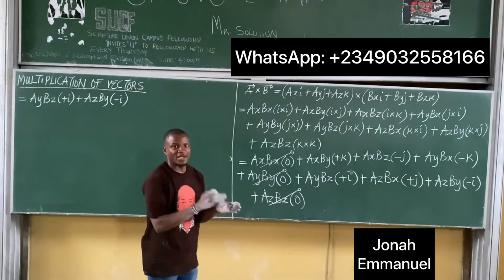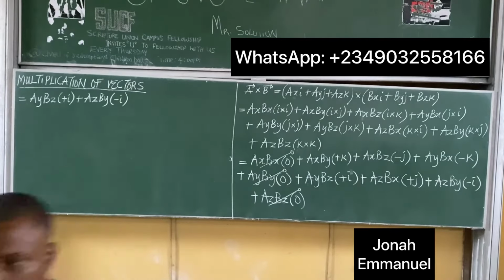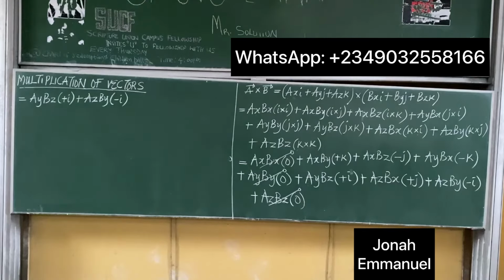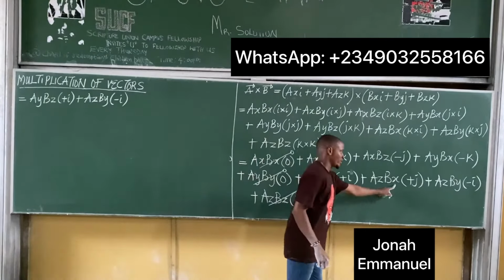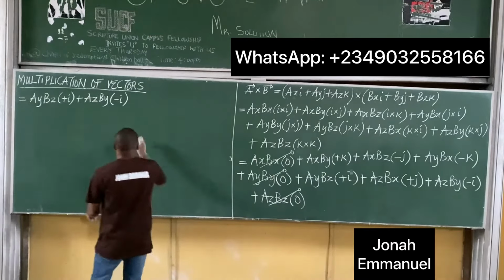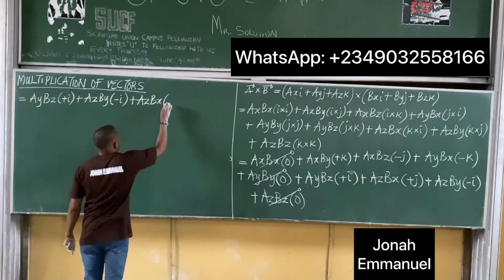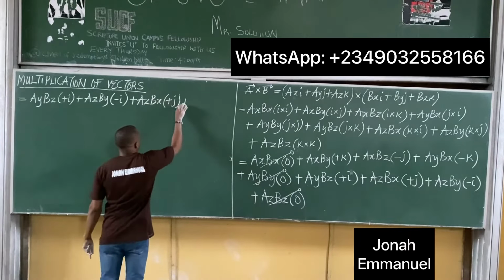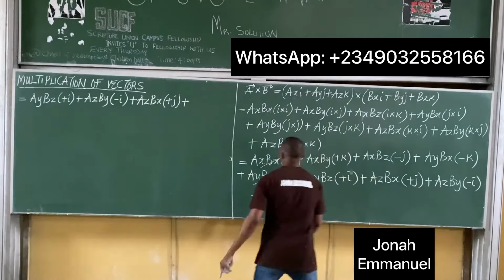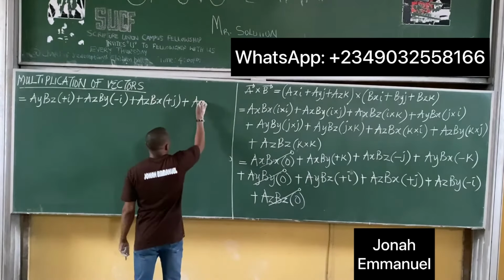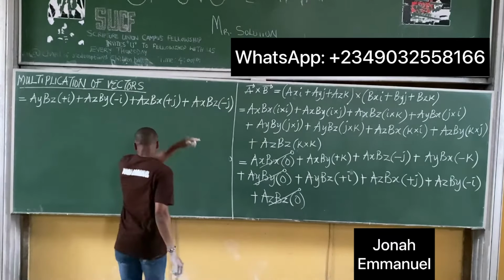So I'm taking them with i, j, and k. Alright, so take plus j. Plus j is this one, yeah? AZBX. So plus AZBX. That's plus j. Plus get minus j. This one AXBZ. So AXBZ minus j.